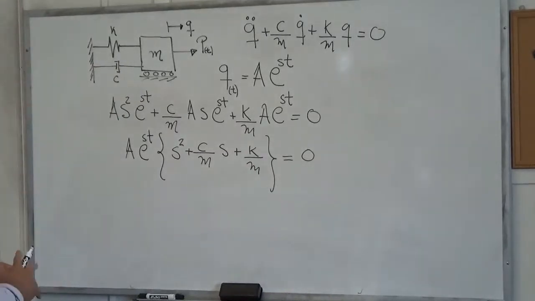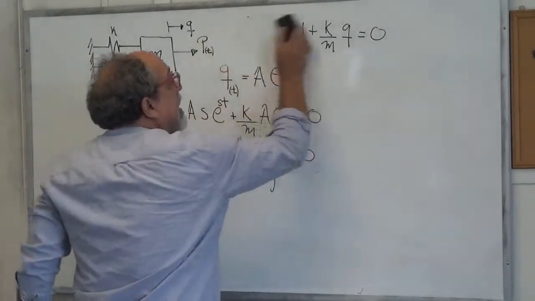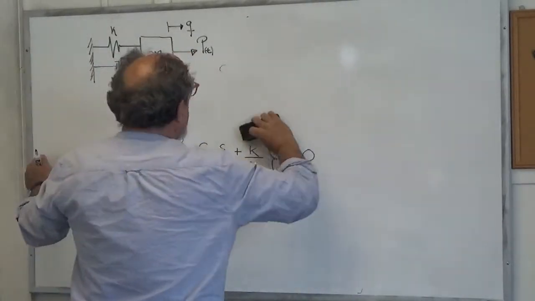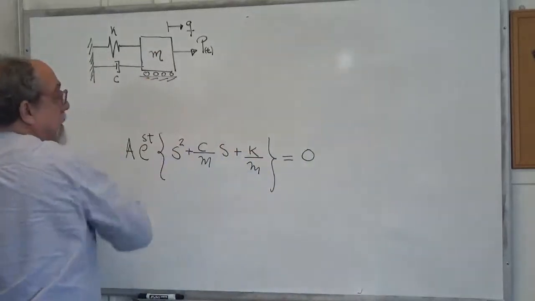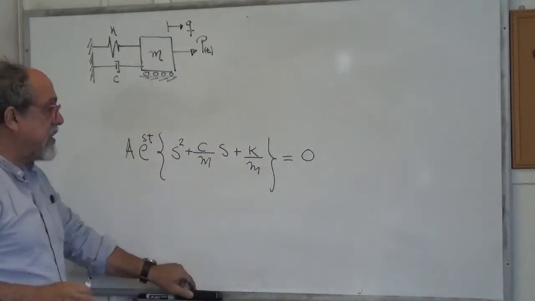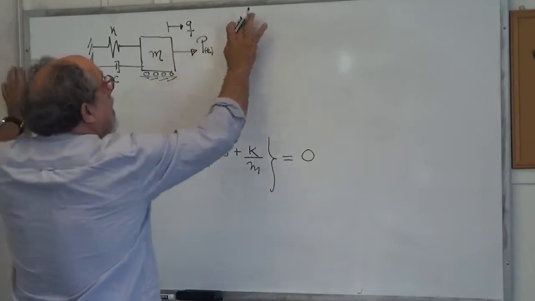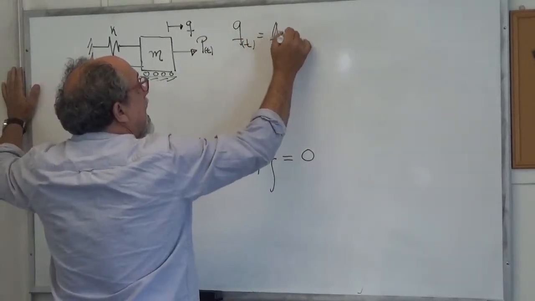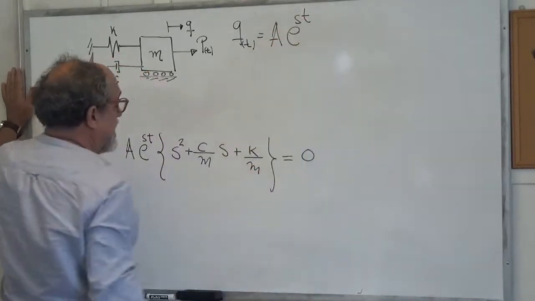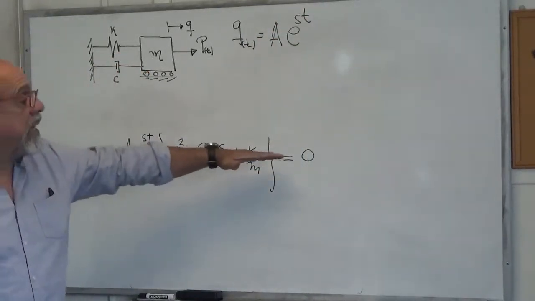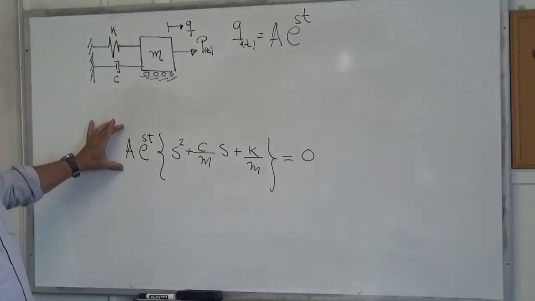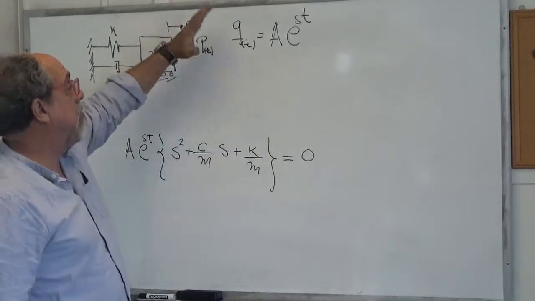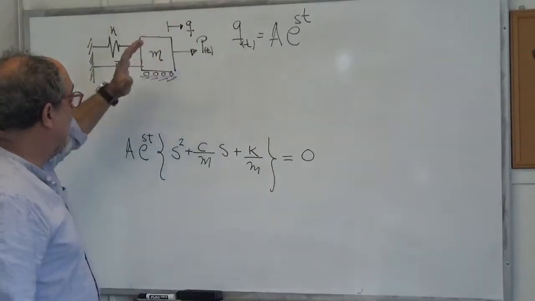Okay? Now, if we look at this, we are looking at a postulated solution a e to the st. So one possibility to make this 0 is that a is 0. But if a is 0, this just means q is 0, that means nothing is happening, and that's true, but it's trivial.